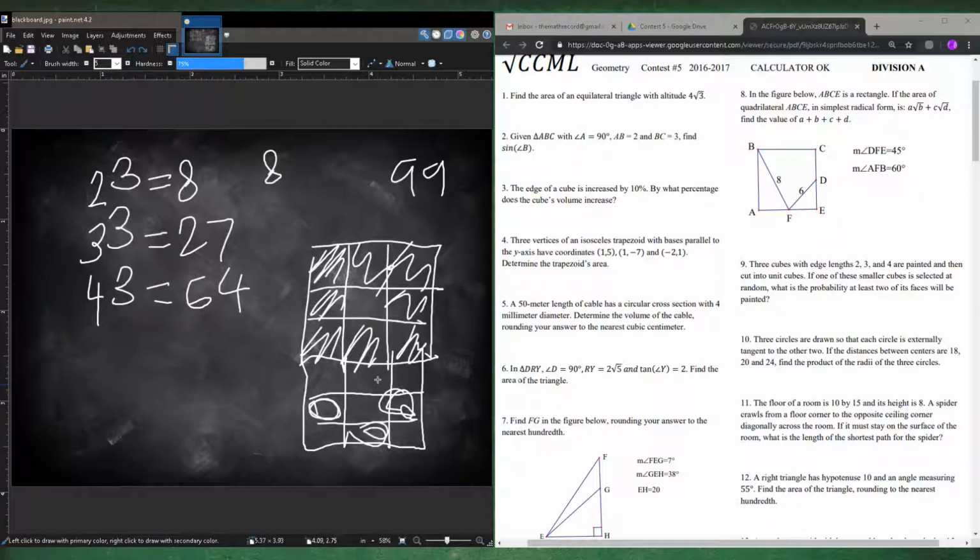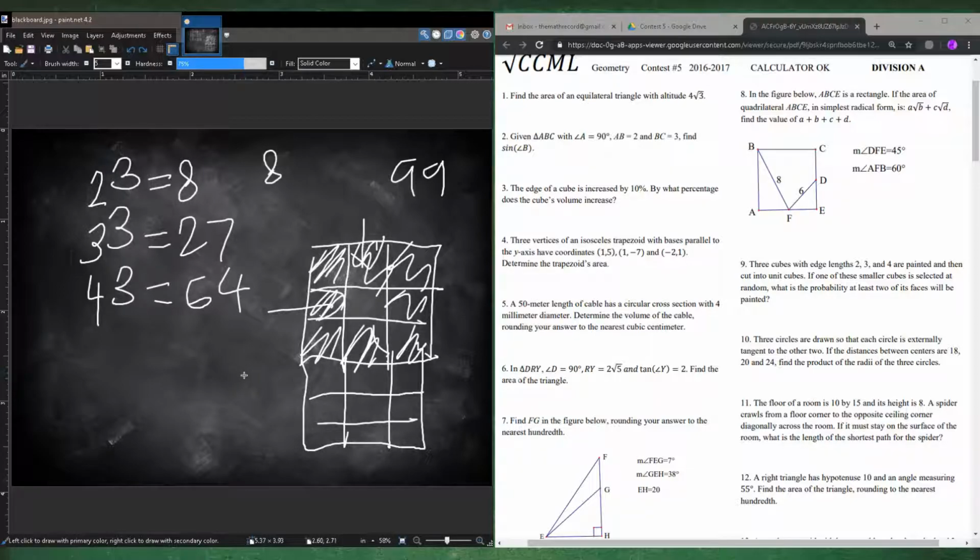So let's count all the edges first. If you count this one, this one, this one, and this one, that's 4. Then you count the sides, 1, 2, and then you go to the other side also. You have a 3, and then 1 in the back, so that makes 4. And then you have 4 in the bottom. So 4, 8, and 12. So there are 12 edges.